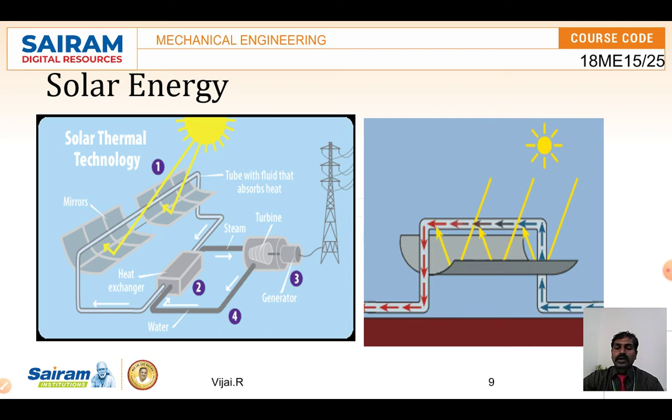This is one way electricity is produced in solar power. You can see a tube, a pipe with water flowing over the parabolic reflectors.